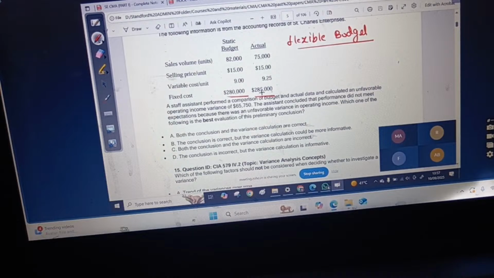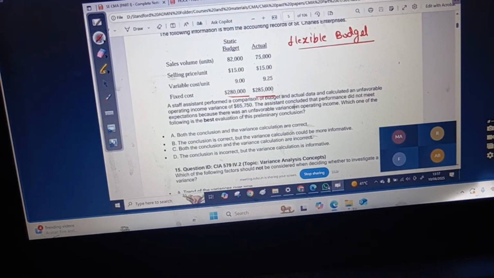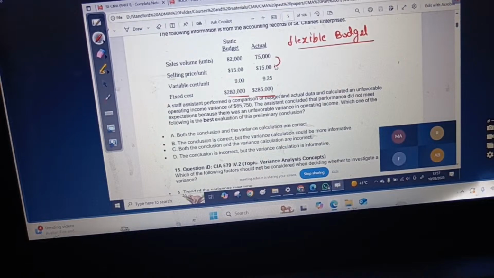What is the operating income for actual? No, the amount. I'm asking the amount. What is the actual result for operating? How do you solve this? 75,000 multiplied by $15, and what we get is revenue.